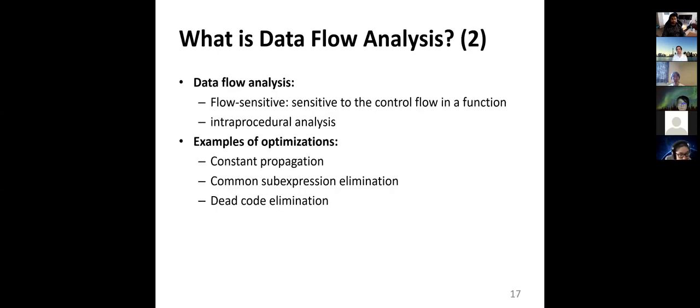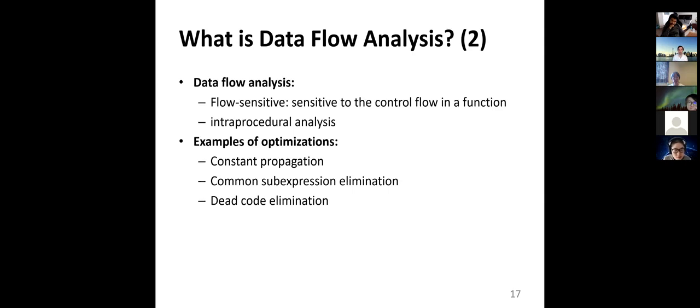Data flow analysis can have different levels of precision depending on which information it uses. It can be flow sensitive, which means it takes into account the control flow within a function. It can be intra-procedural, and it can have all the different complications. An example optimization that uses data flow is constant propagation.